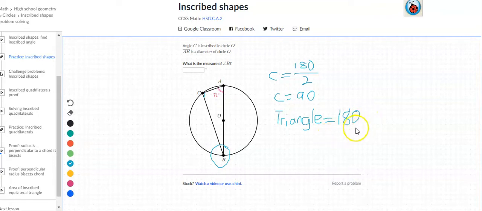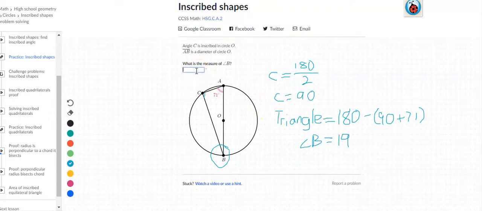And so we just do 180 minus the two angles we have, which is 90 and 71, which means angle B equals 19, if I'm doing my mental math right.